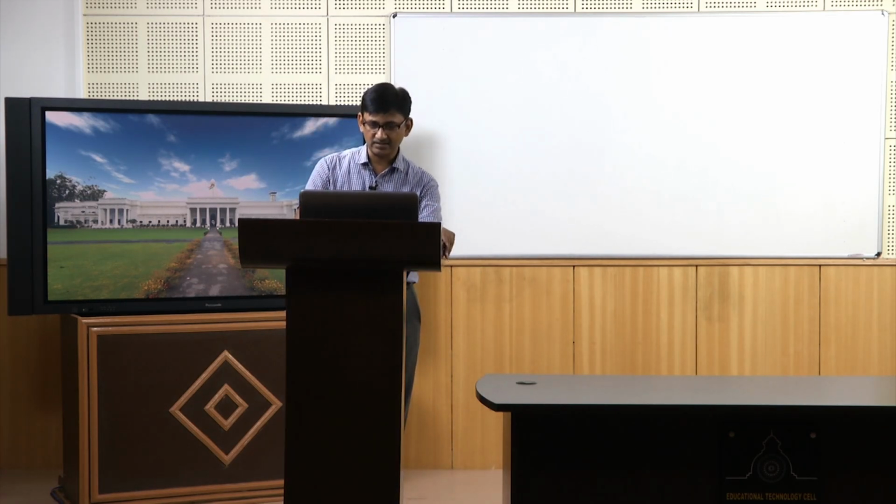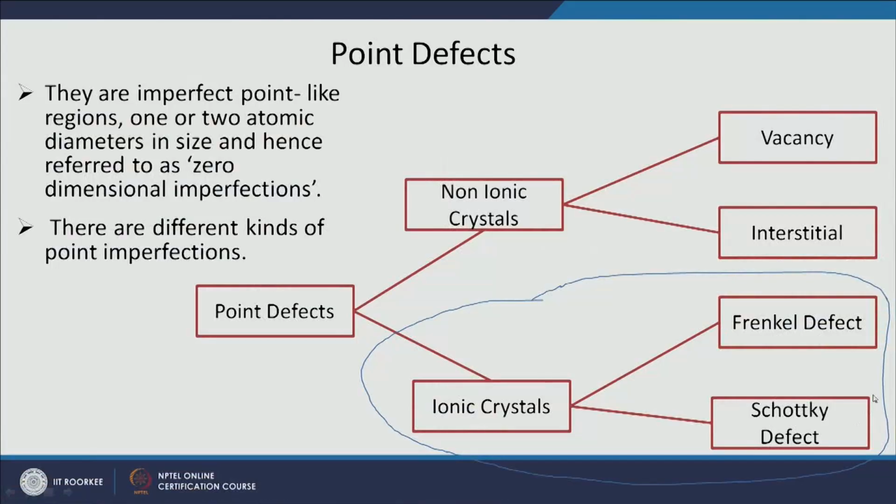This encircled one I am not covering right now, because these are mostly found in ceramics, and are not of interest to a mechanical engineer, as I understand. We will mostly concentrate on the defects found in a non-ionic crystal.